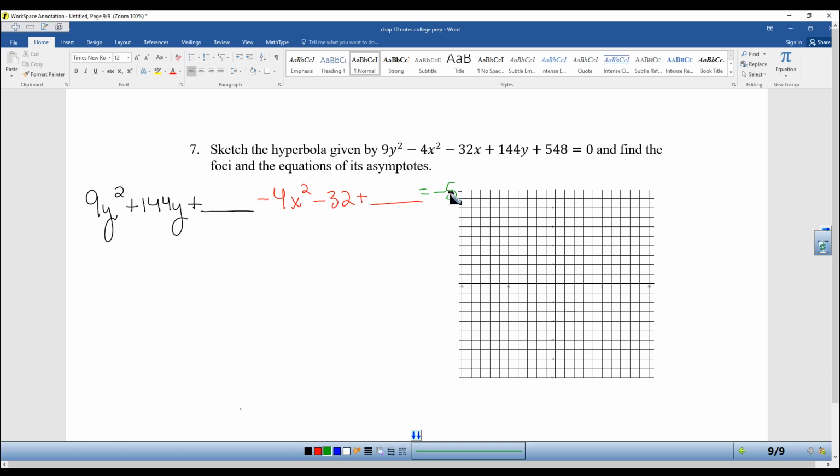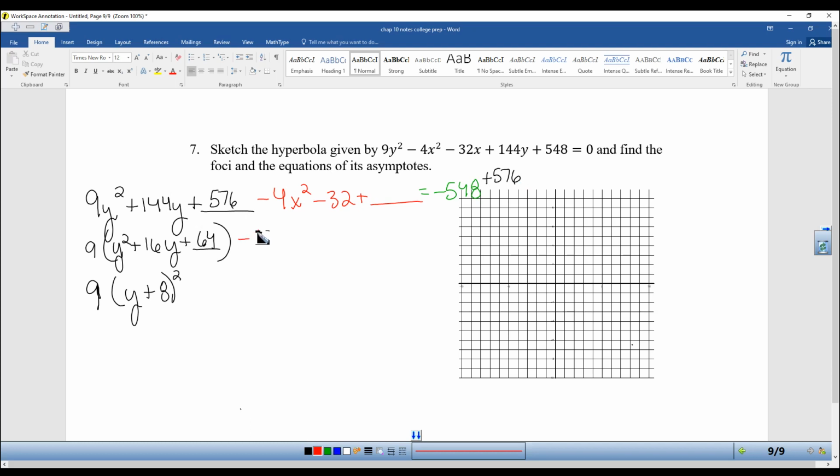It's going to be negative. So I factor out the 9, and I get y squared plus 16y plus blank. I cut the 16 in half, which is 8. I square the 8 to put that number there, and that actually adds 576 to this side, so I'm going to have to add 576.